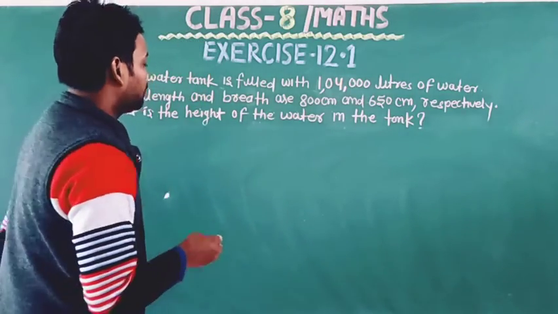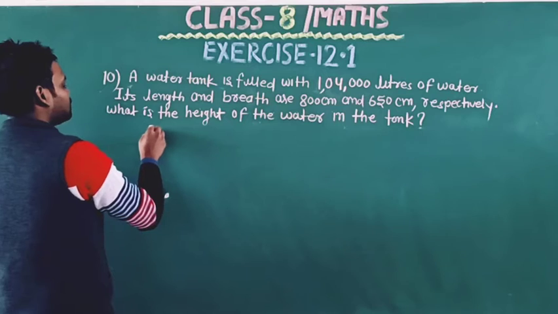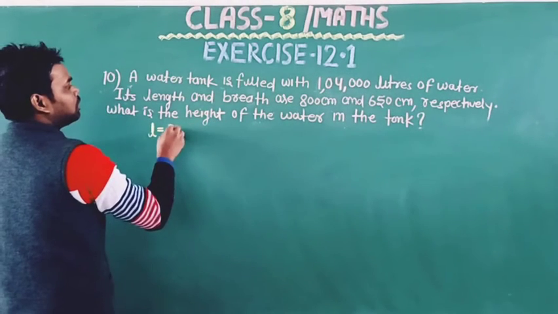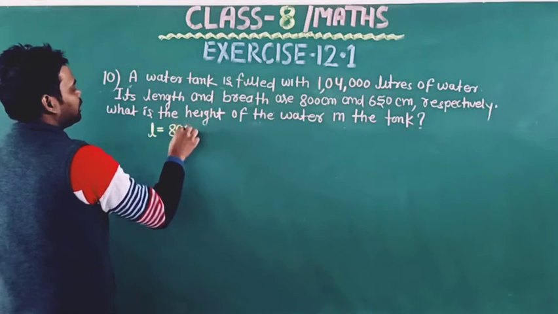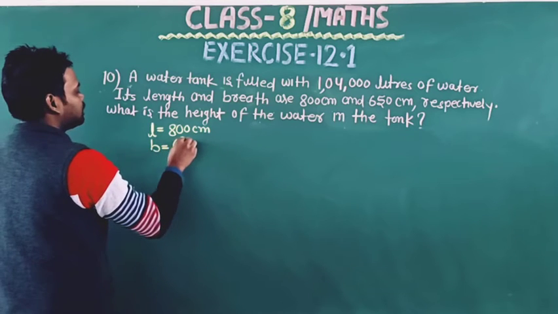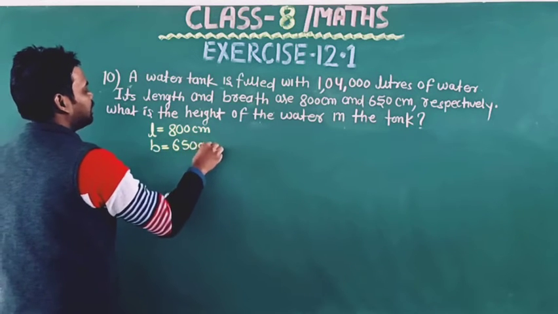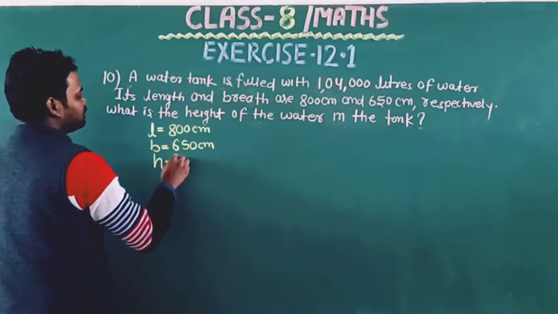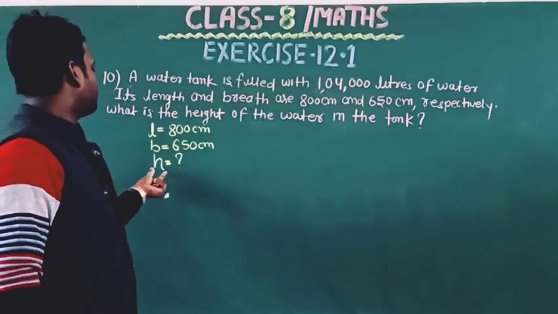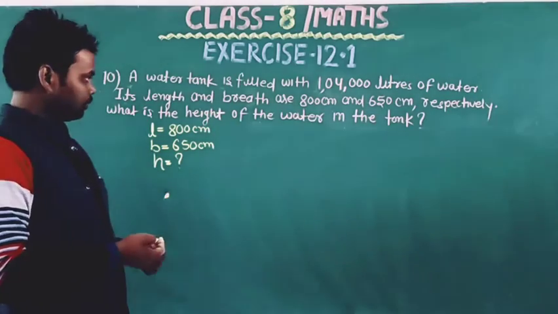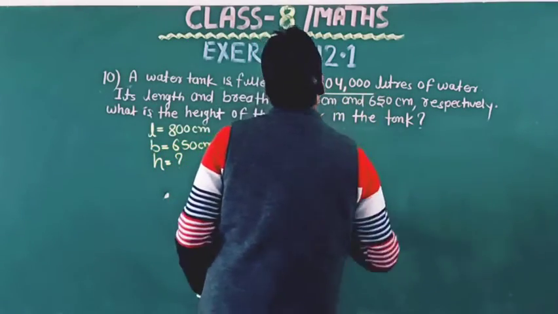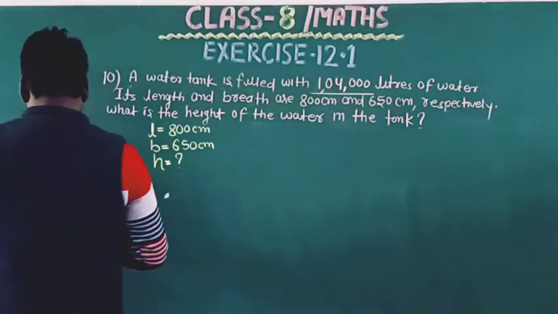So the dimensions are length equal to 800 centimeter, breadth equal to 650 centimeter, and we have to find the height, and the capacity of the water tank is given.